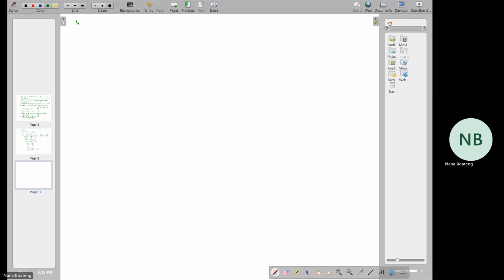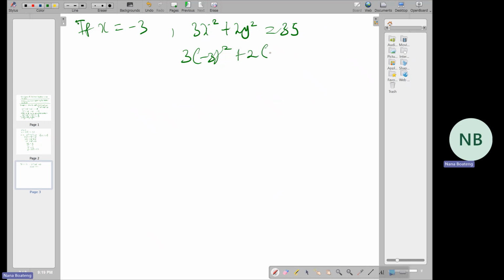So when x is equal to negative 3, our equation 1 is 3x squared plus 2y squared is equal to 35. If we substitute x is equal to negative 3 into this, then we have 3 times negative 3 squared plus 2y squared is equal to 35.